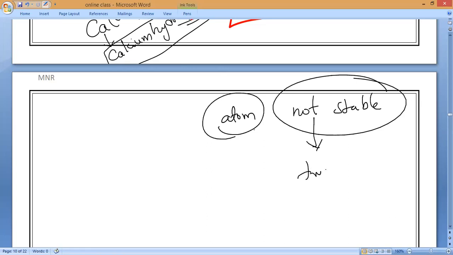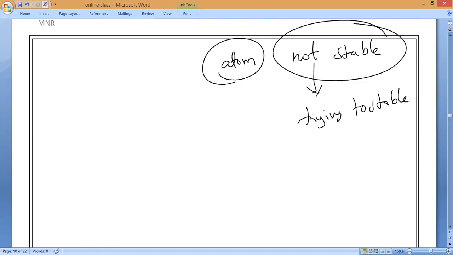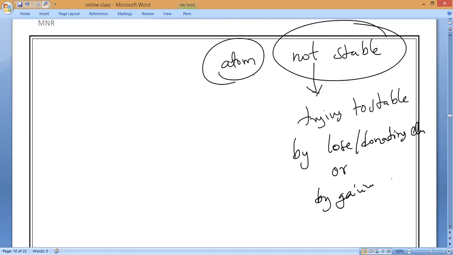They are always trying to become stable in nature in 2 ways. Not 2 ways, 3 ways, but the third one we will study later. So they try to become stable by losing or donating electrons, or by gaining or receiving electrons.